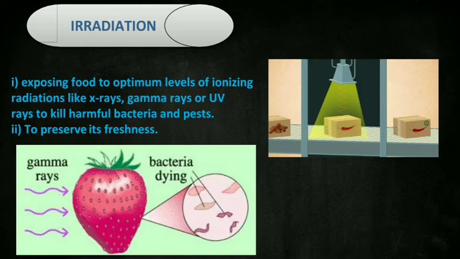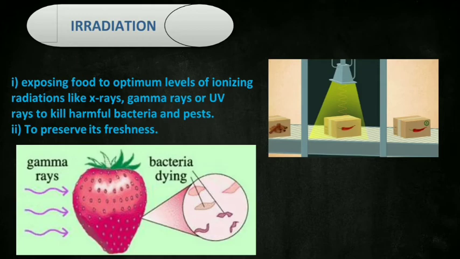It is the process of exposing food to an optimum level of ionizing radiations like X-rays, gamma rays or UV rays to kill harmful bacteria and pests. This is carried out with alpha, beta and gamma radiation. These are collectively called ionizing radiations.